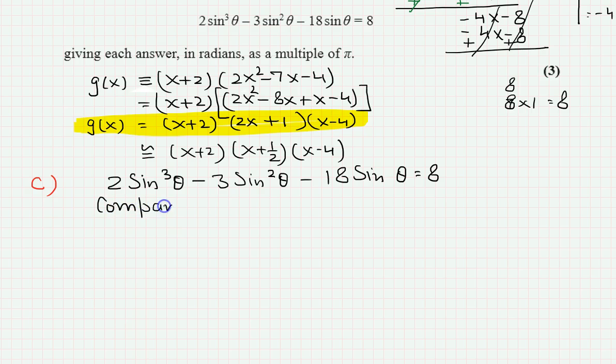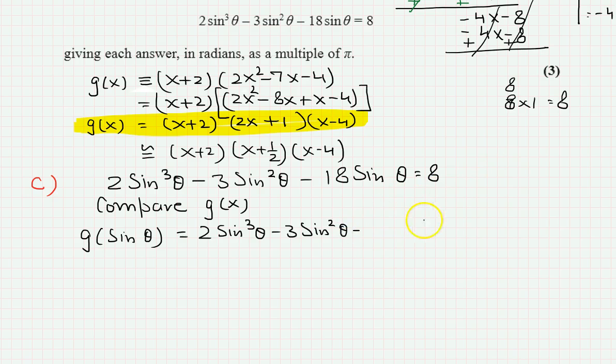So if we compare it with g(x), this equation g sine theta is equal to 2 sine cube theta minus 3 sine square theta minus 18 sine theta minus 8.